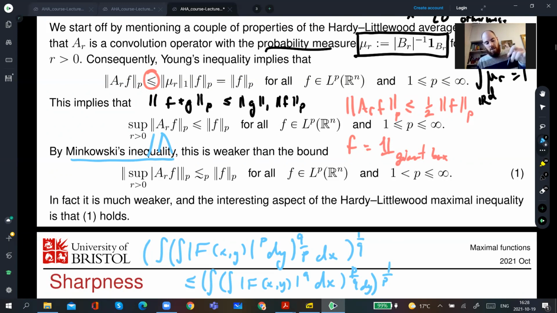So the bigger exponent goes on the outside, when p is greater than or equal to q. And in here, this is an L infinity instead of a p.